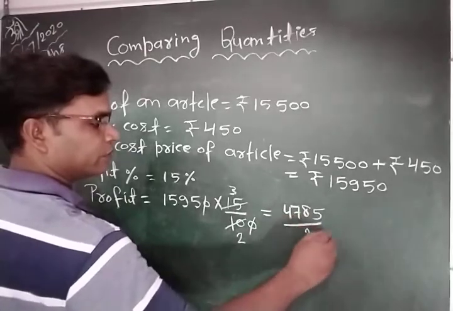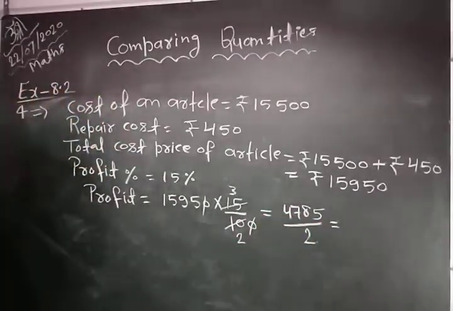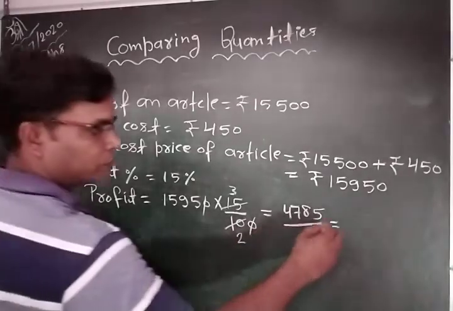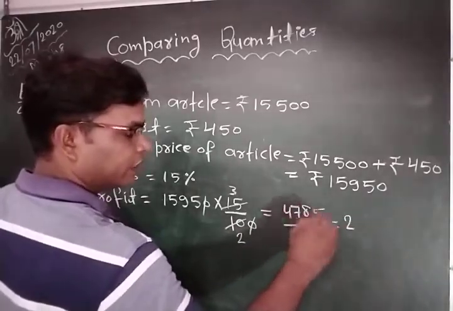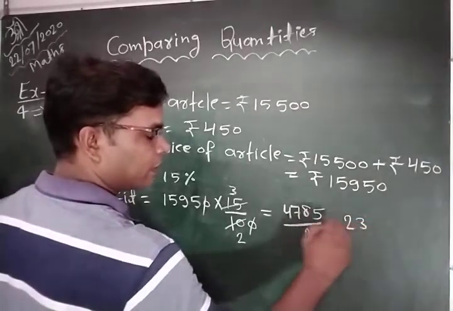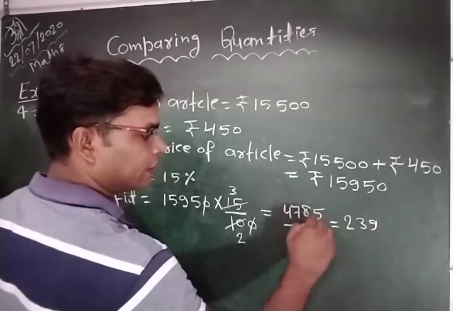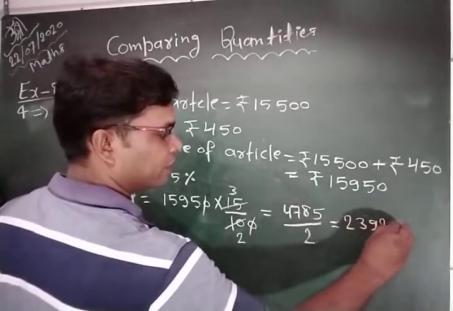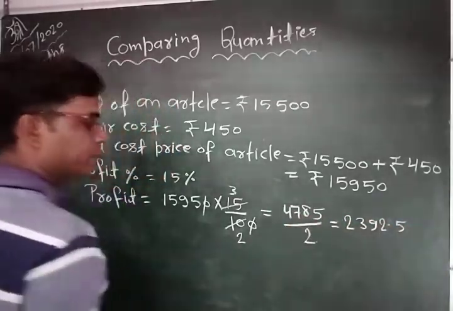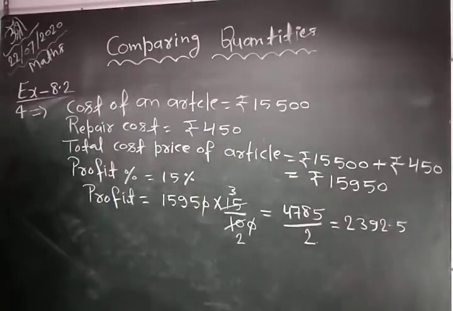Divide by 2. If you divide it, then you obtain 2 twos are 4, 2 threes are 6, 2 nines are 18, 2 twos are 4.5. Okay, this is the profit.